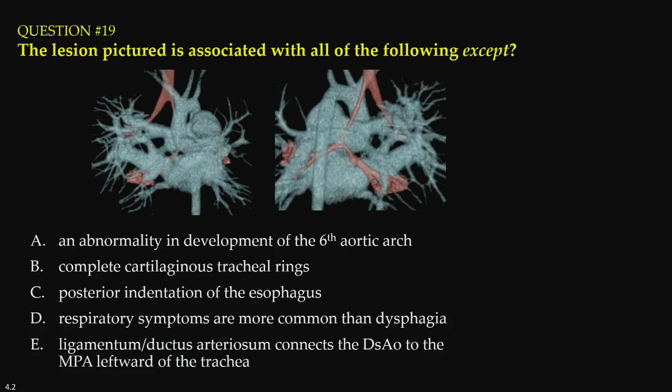The options are an abnormality in development of the sixth aortic arch, complete cartilaginous tracheal rings, posterior indentation of the esophagus, respiratory symptoms more common than dysphagia, or the ligamentum arteriosum connects the descending aorta to the MPA leftward of the trachea, which is wrong.